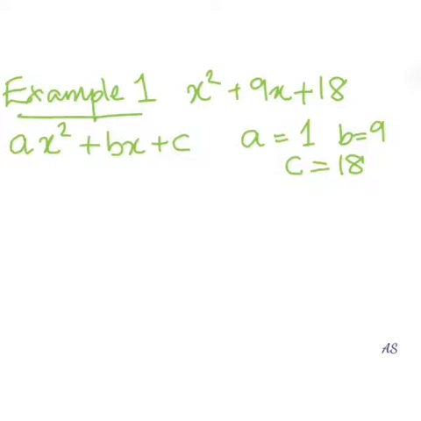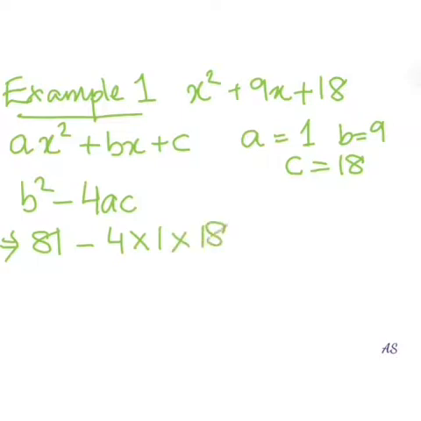Now before factorizing, we'll check whether b square minus 4ac is a perfect square or not. So what is b square minus 4ac? Here b is 9, so 9 times 9 is 81, and minus 4 multiplied with a which is 1 and c which is 18.